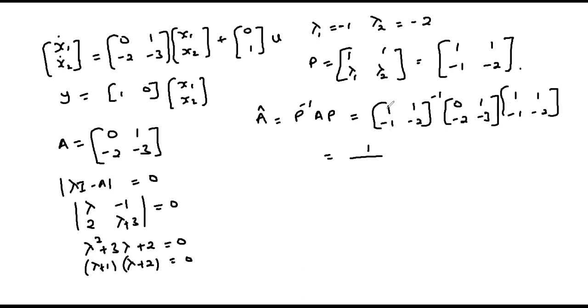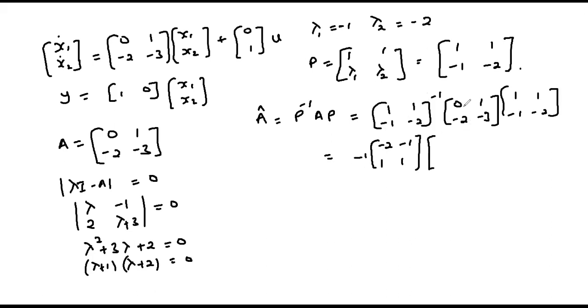The determinant will be -2 plus 1, which is -1. So we'll have -1 into, then we interchange this to -2, 1, and we negate this to 1, -1.